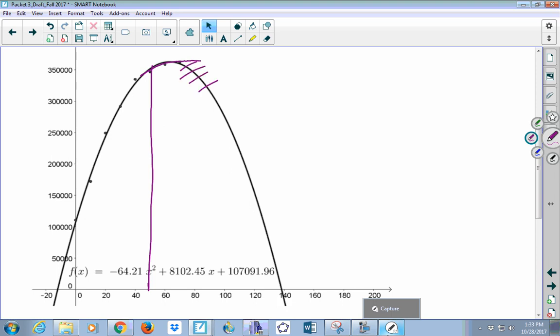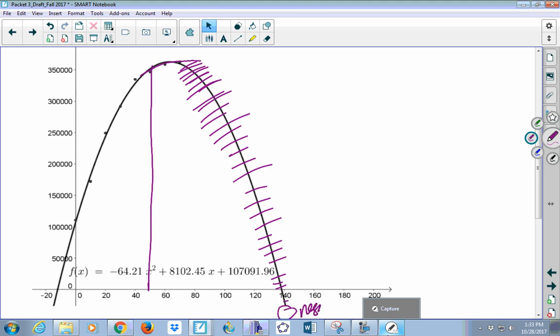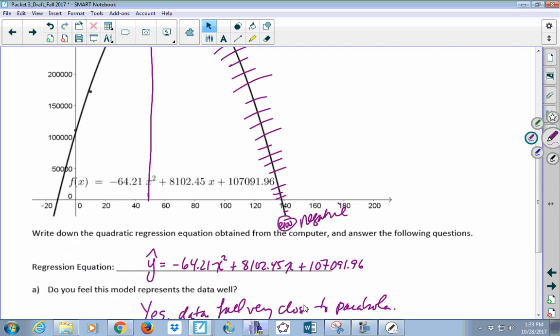But for after 2000, our model is going to say that the population of Miami is decreasing, and in the long run it's going to be negative. That's 140 years out from 1960, so about 2100. It's going to be negative, and that's totally unrealistic. We can't be using a model that's going to predict the population going back to zero and eventually becoming negative.